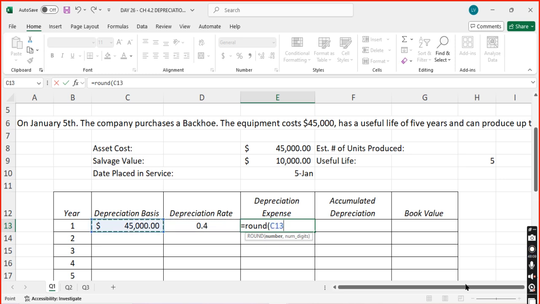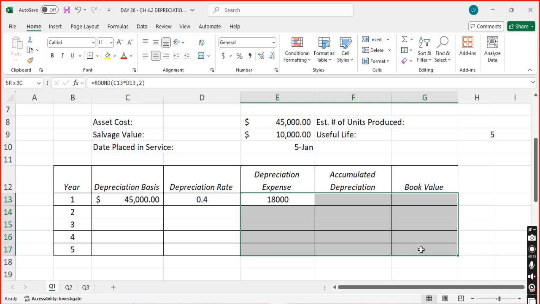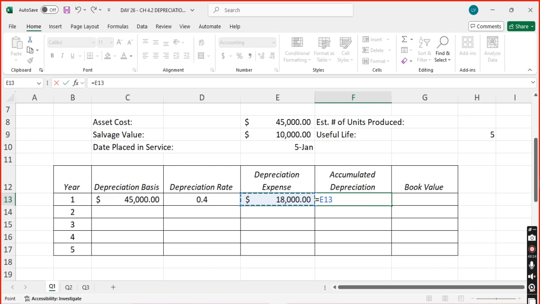$18,000. So let's see, we take basis times rate. I'm going to put comma 2, and that gives you $18,000. So therefore, what is my accumulated depreciation for the first year? $18,000.